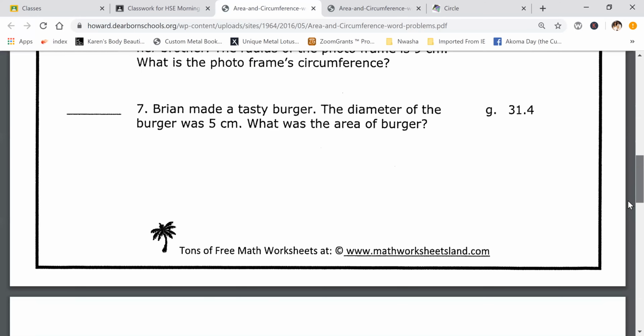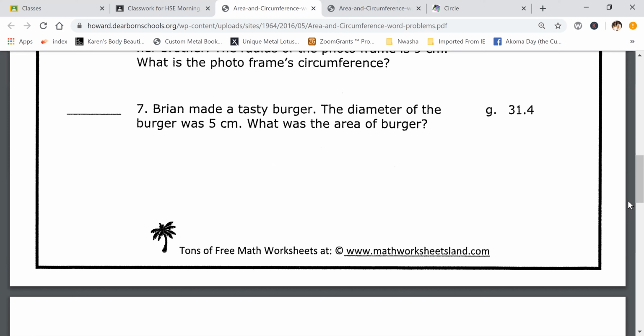So when you're doing something on paper, you're looking at the question and you're asking yourself, what is the question? The question is, what is the area of the burger? So what formula do I need? I need to write down the area formula. Because sometimes in a question like this, they tell you what the area of the burger is, and then they ask you, what is the diameter or what is the radius?